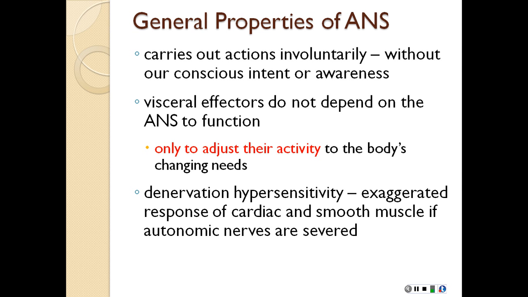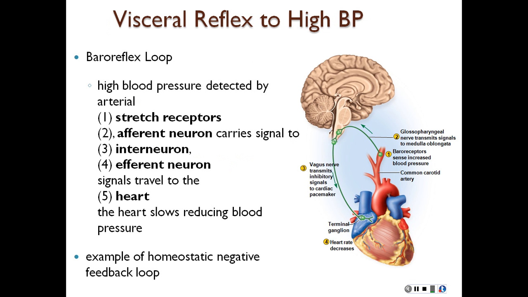Okay? So there's kind of like a baseline of activity, and the ANS comes in just to keep the baseline level. And then it just increases if needed and decreases from there if needed. But if you don't have those, then it kind of just goes out of control at a higher rate.